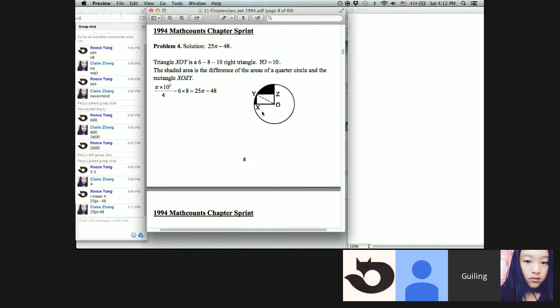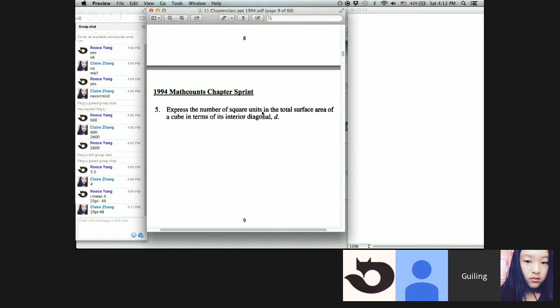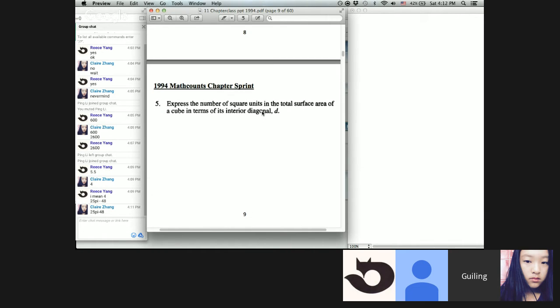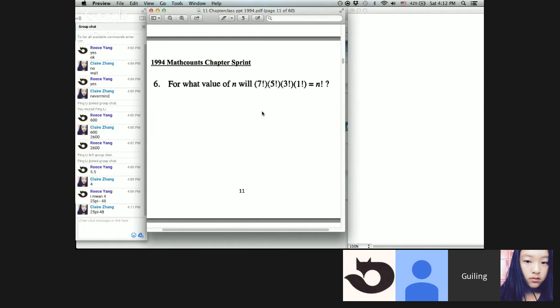A little bit more difficult. Let's try this one. For what value of n will 7 factorial multiplied by 5 factorial multiplied by 3 factorial multiplied by 1 factorial equal n factorial?